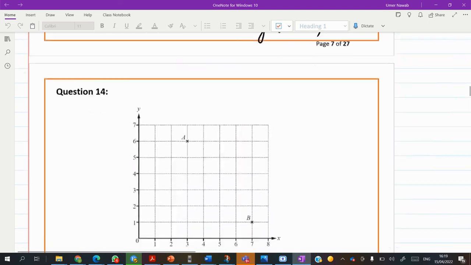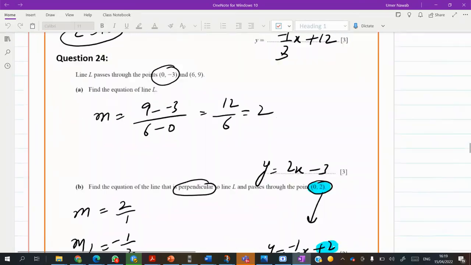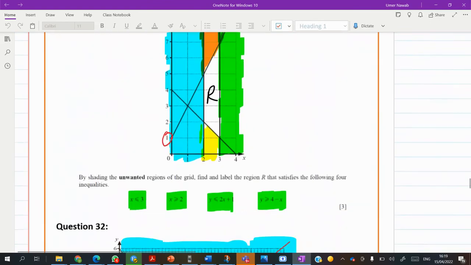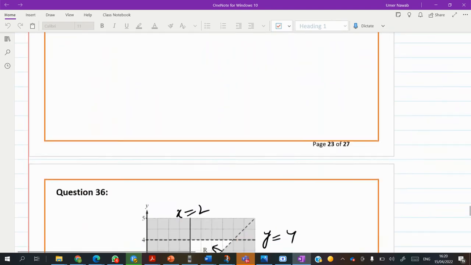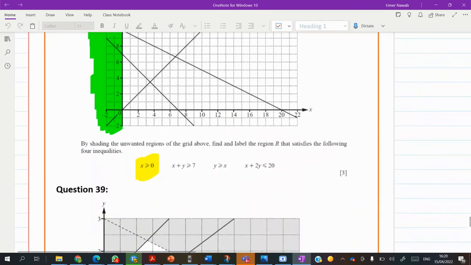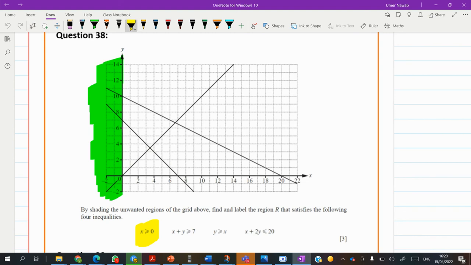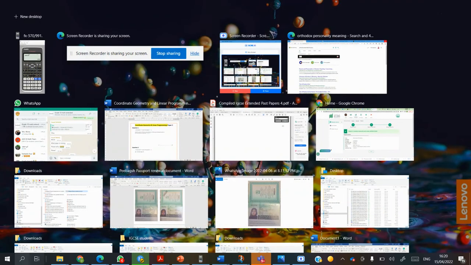I'm almost done. Okay, as you see, I want to draw x plus y is equal to 7. Again, OneNote is not working. Very sad moment today.